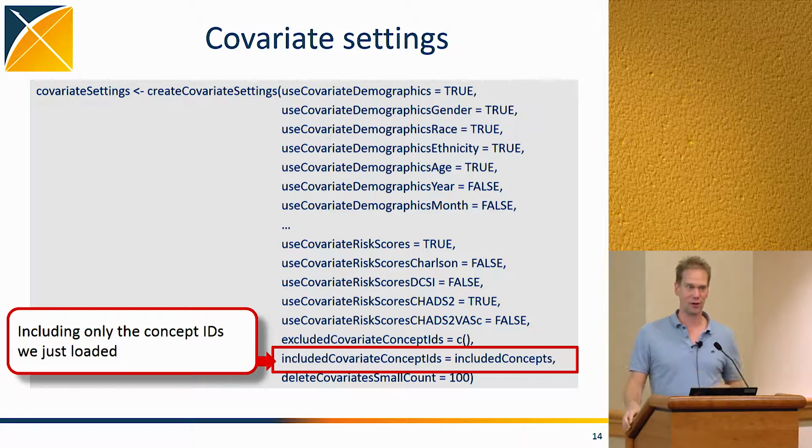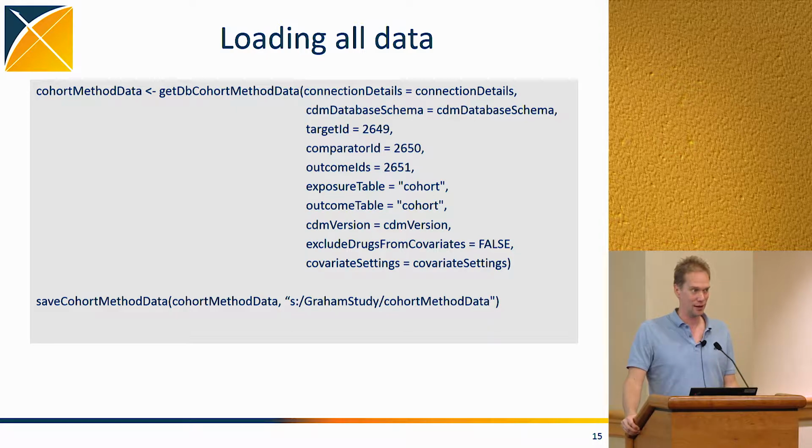But then we're constructing all of these covariates, and like I said, somewhere between 10,000 and 100,000 covariates is not out of the ordinary. So this can sometimes be gigabytes of data that you're pulling from the server.